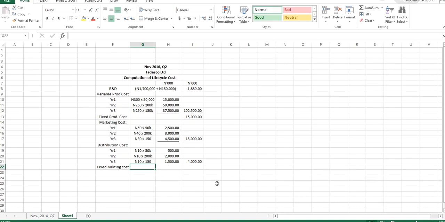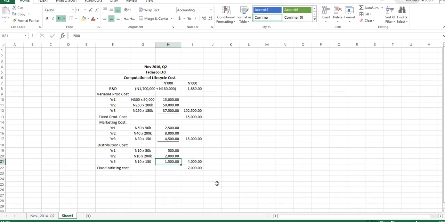Now, if you observe what I am doing, because I don't want to miss out a question, we said 7 million, right? Before I forget. I'm taking all the costs, breaking them out into fixed and variable costs, right? The question did not ask you to present your answer a certain way. You can choose to combine all the variable costs together and do them first, then you go to fixed costs.